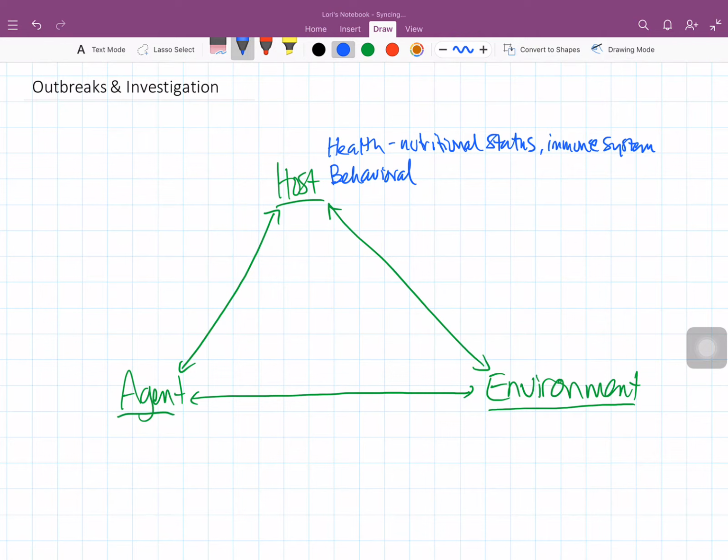In terms of behavioral for the host, it really has a lot to do with what particular organism we're looking at. And so behaviorally, if a person habitually doesn't wash their hands, if they don't have good exercise or nutrition, if they're a smoker, those are some of the kinds of things.